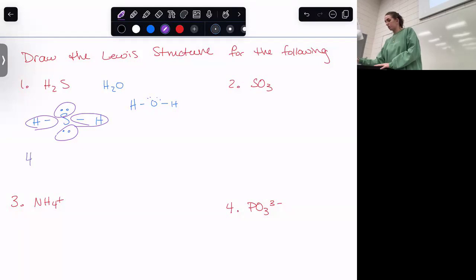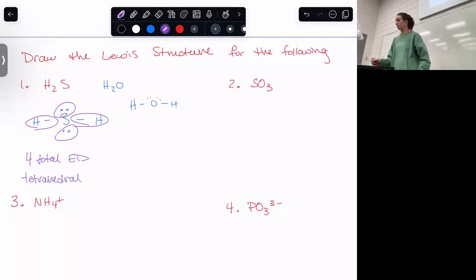So we have 4 total electron domains. Does anyone remember what the shape of that is? This will be your tetrahedral. You'll get a lot of practice using that one. Okay, any questions on H2S?